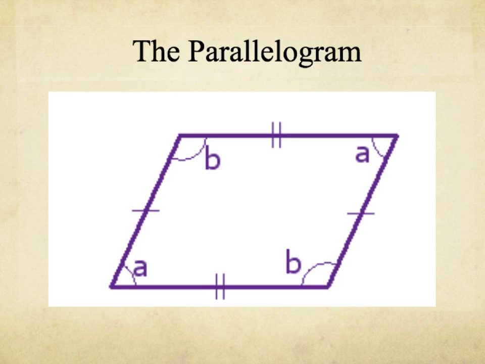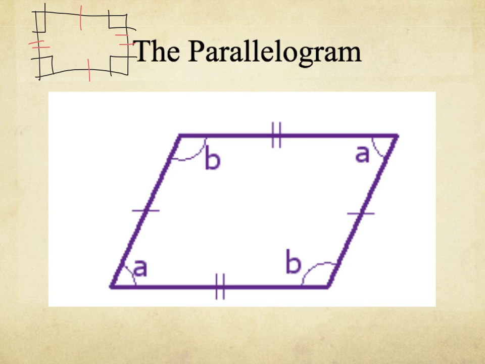Okay, next we have the parallelogram. Remember how we talked about how a rhombus was like a squished sideways square? A parallelogram is like a squished sideways rectangle. So if you can imagine a rectangle, drawing him up here. So a rectangle has 2 sets of congruent sides, the long ones and the short ones.